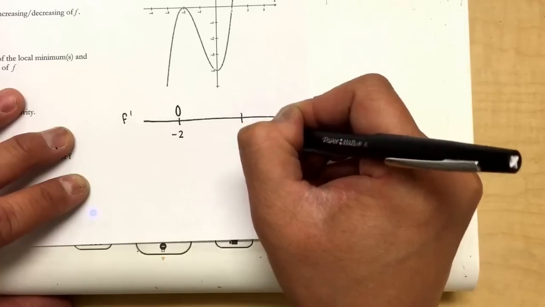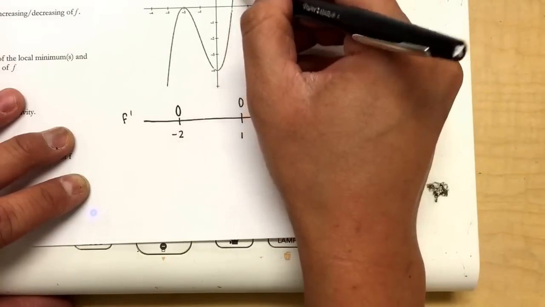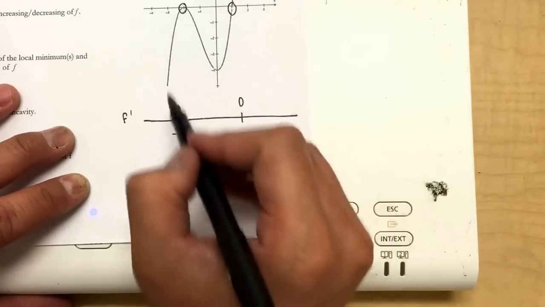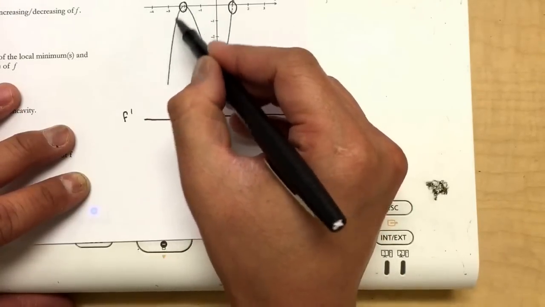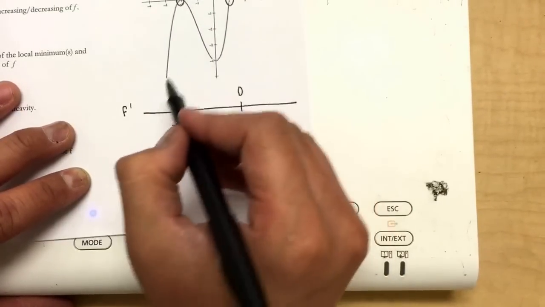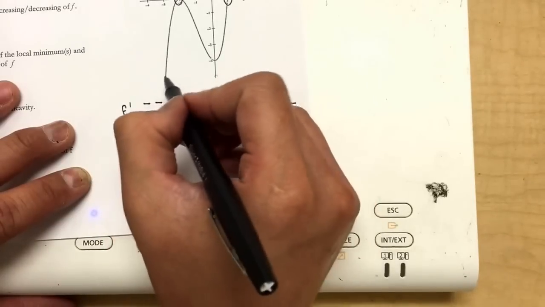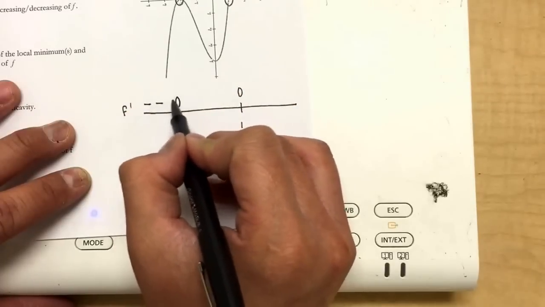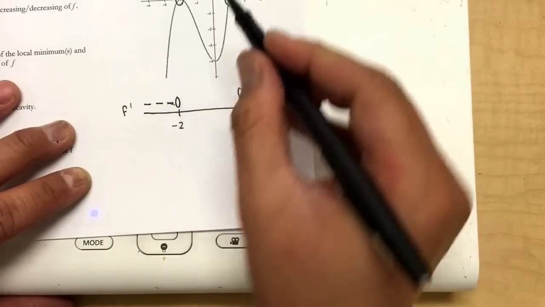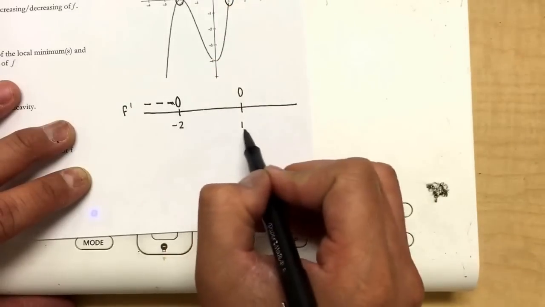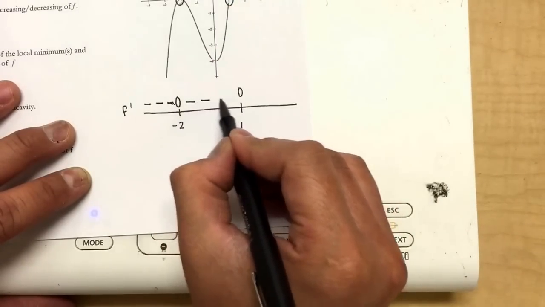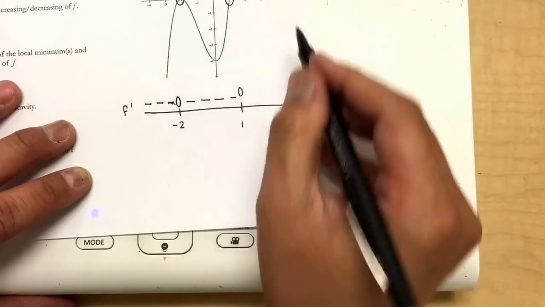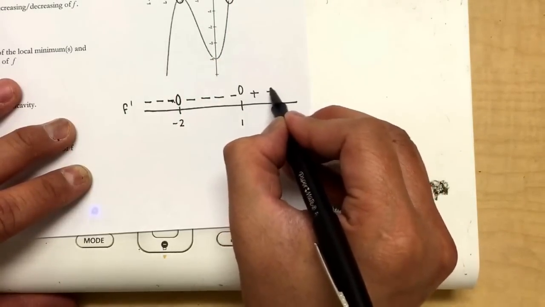In addition, 1 is also a critical point because that's where f prime equals 0. To the left of -2, f prime is below the x-axis, so its values are negative. Between -2 and 1, f prime is also below the x-axis, so its values are negative. After 1, its values are positive.